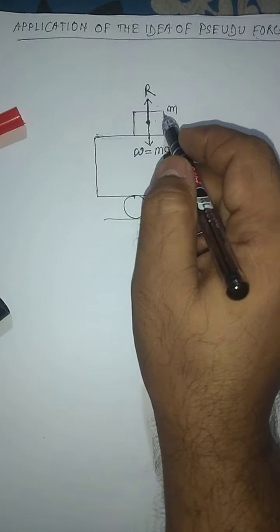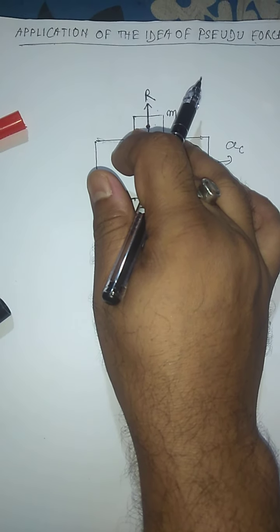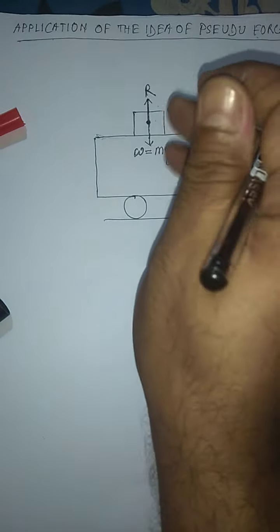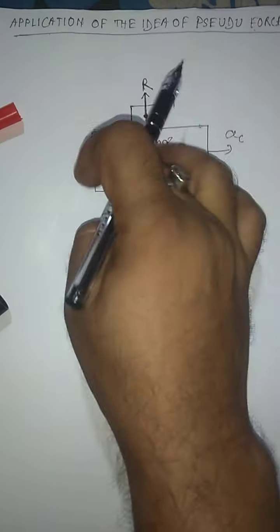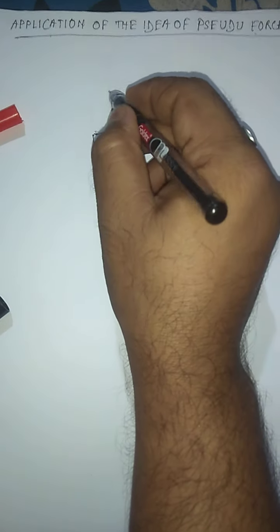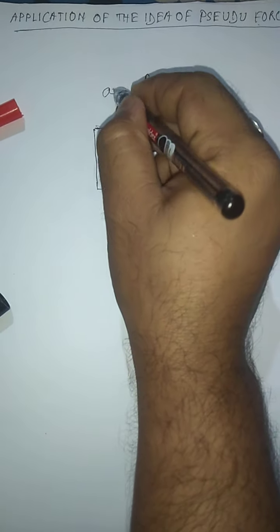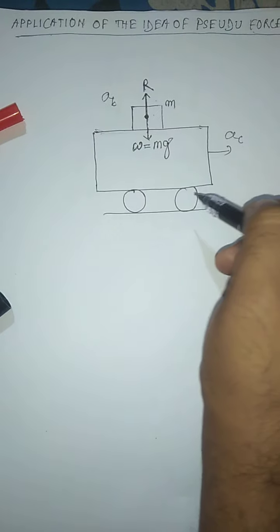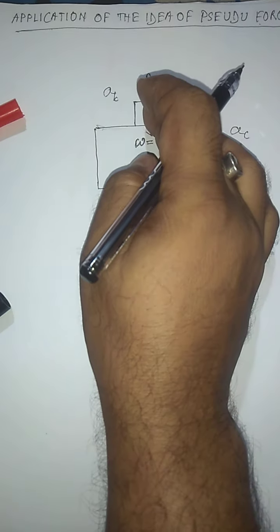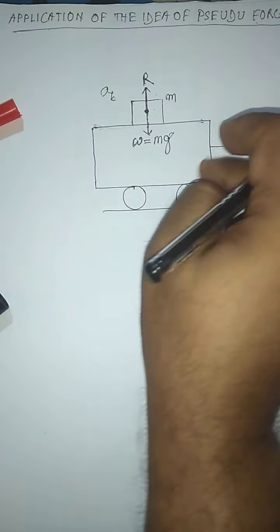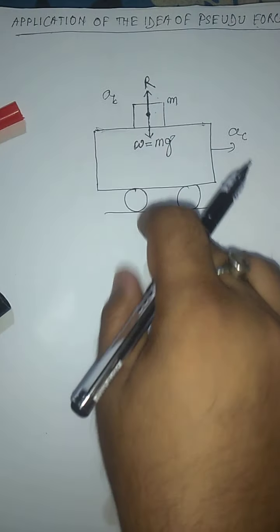So the block will have an acceleration directed opposite to the direction of the acceleration of this cart. And the block has an acceleration of magnitude AB directed to the left relative to this cart.